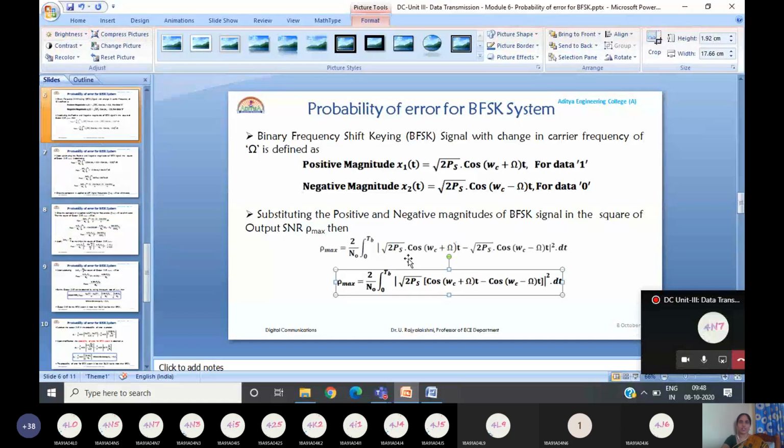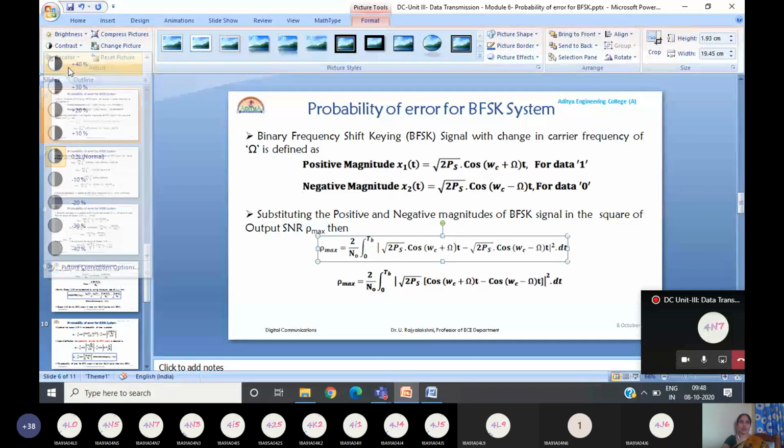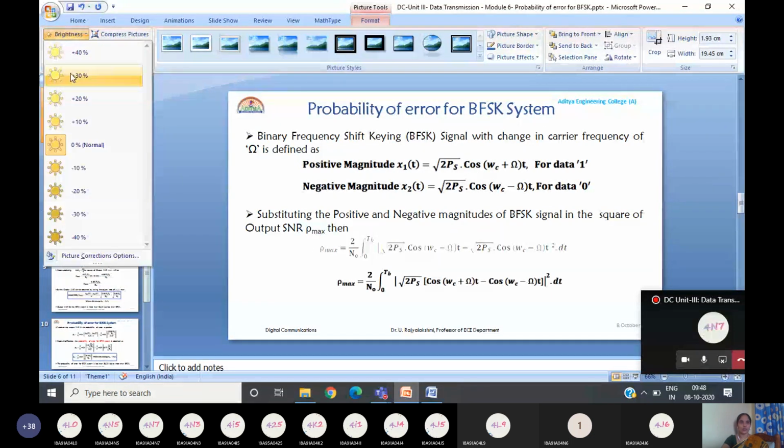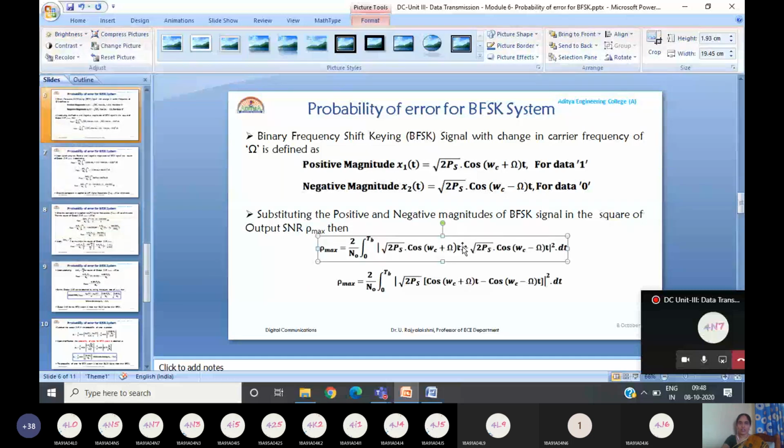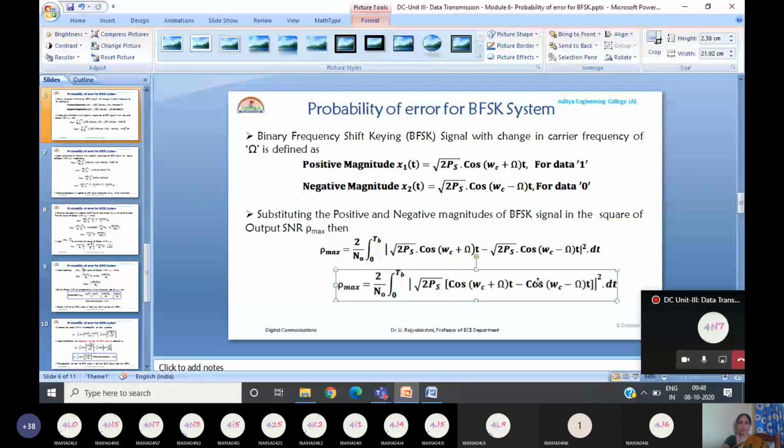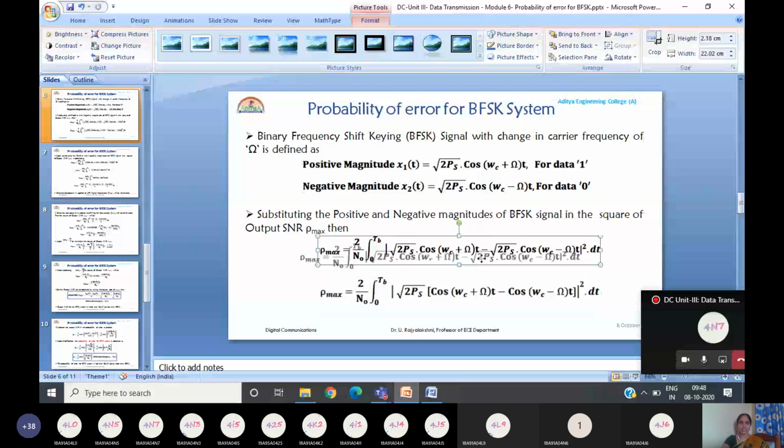Please substitute like that and take root 2 Ps as common. Take root 2 Ps outside the square. Then what will happen? The square and the root get cancelled.